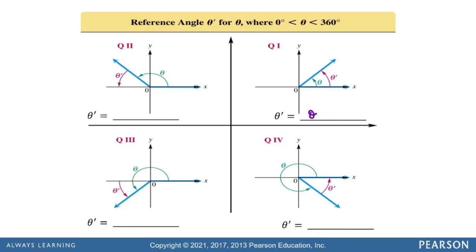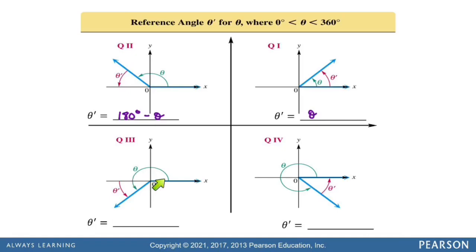And then you can see that in order to find theta prime, we would take 180 degrees and subtract theta from that, and that would give us the little leftover slice that is our reference angle. So in quadrant 2, theta prime is going to be 180 degrees minus theta.